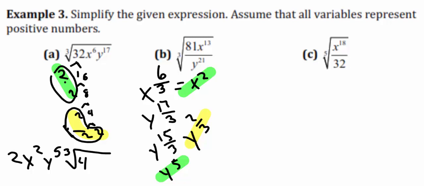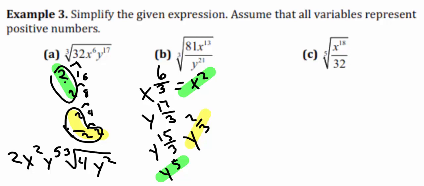Oh, I just screwed up all the coloring. My bad. And then y to the 2nd. So 2x squared, y to the 5th, times the cube root of 4y squared. A lot of work, but it's not too bad, right?